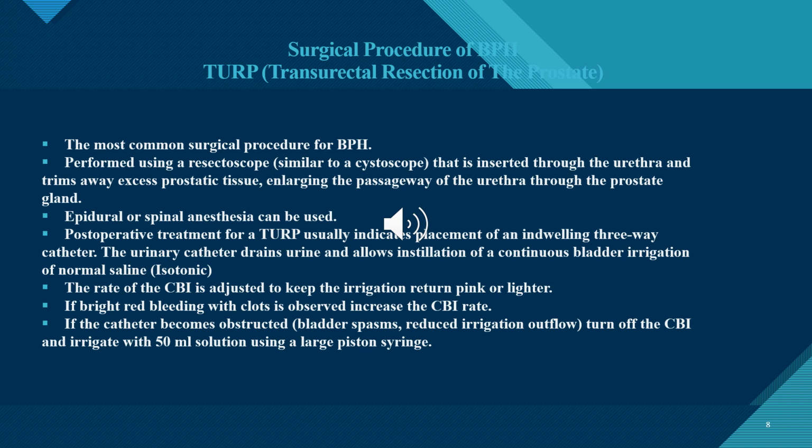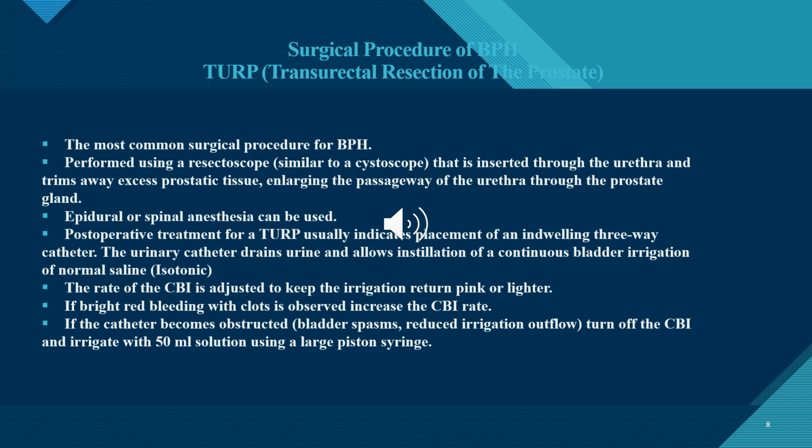If you see bright red bleeding with clots in the catheter, the only thing that you have to do is increase the continuous bladder irrigation rate. Okay.